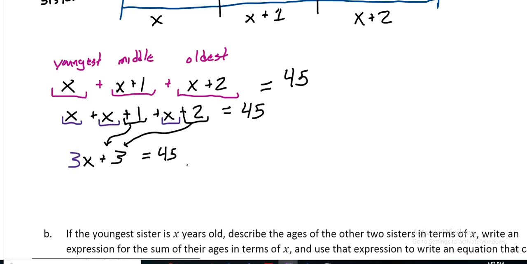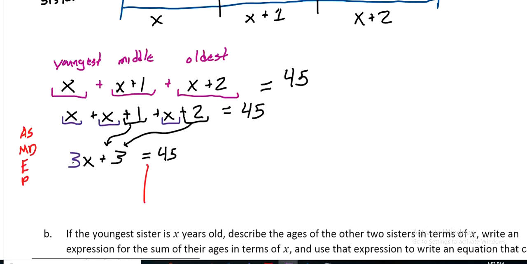So now, if I want to find out the age of all the sisters, here's what I do. I'm going to get x alone, because I'm going to find out the age of the youngest sister first, and then use that age to find out the age of the other two sisters. So I follow reverse PEMDAS. We look for whatever's being added or subtracted first, then whatever's being multiplied or divided, then any exponents or parentheses.